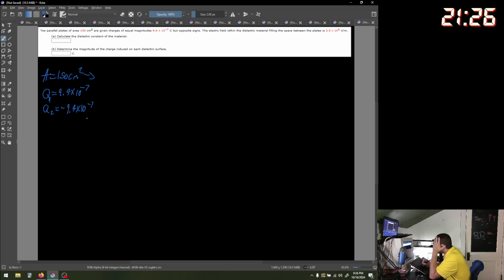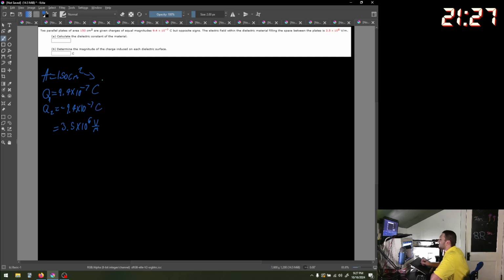With, let's see, the electric field within the dielectric material filling the space between the plates. I don't know the right symbol for electric field, but let's say 3.5 times 10 to the 6. These are both in coulombs.